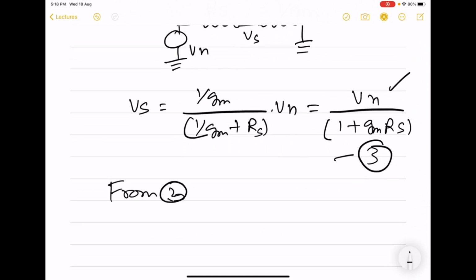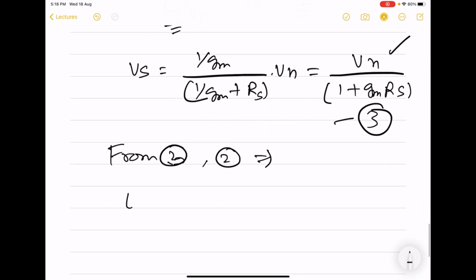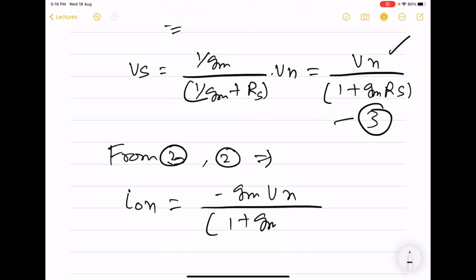From 3 and 2 implies IoN is equal to minus gm Vn divided by (1 plus gm Rs). So this is the short-circuited current that will be flowing because of the source.